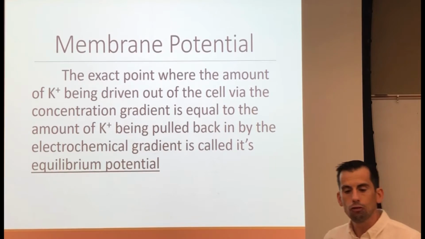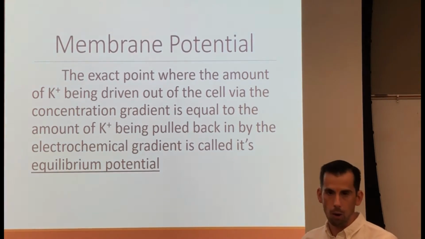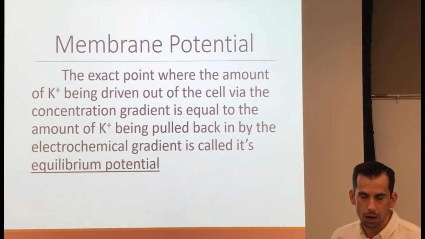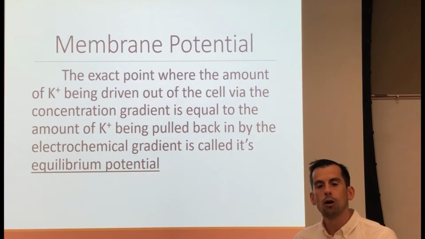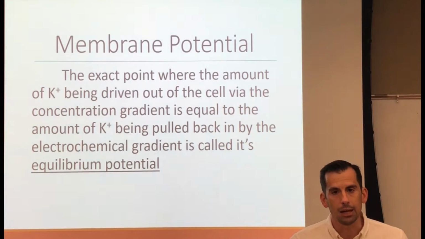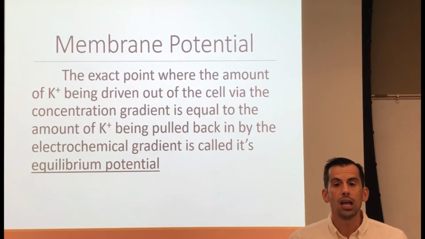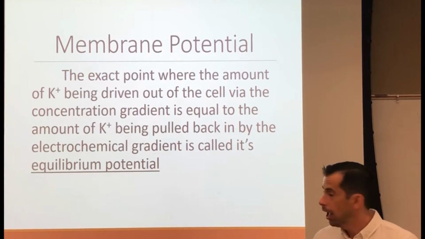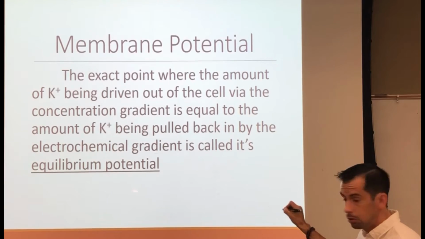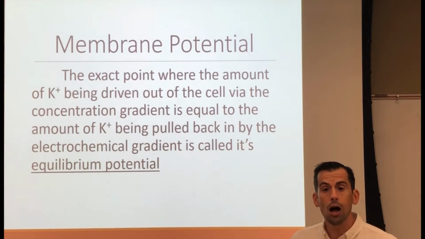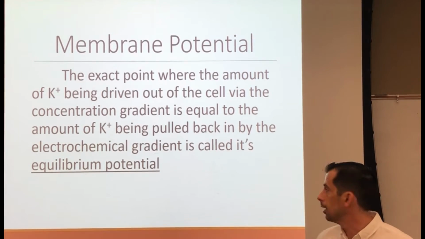The point at which the force pushing those potassiums out along its concentration gradient is equal to the force pulling those potassiums back in by its electrochemical gradient, we're going to call that our equilibrium potential. And that's going to be the voltage caused by that single ion moving out and then back in again.